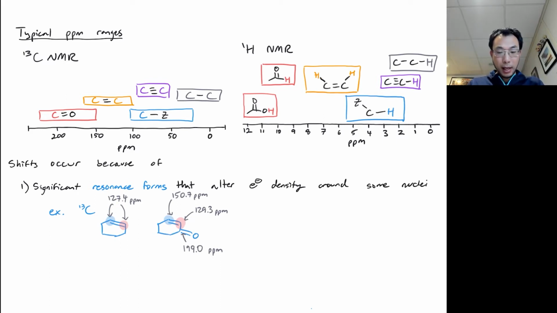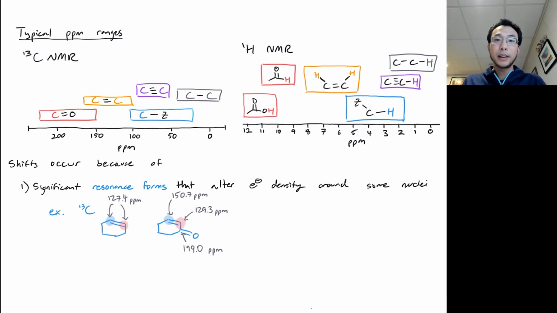However, the blue carbon has shifted downfield, to a larger ppm. It is deshielded significantly. It goes from 127 all the way to 150 ppm. Of course, if we're looking at the ketone carbon itself, that has a chemical shift of 199 ppm, so very downfield. That fits with what we expect from our typical ranges.